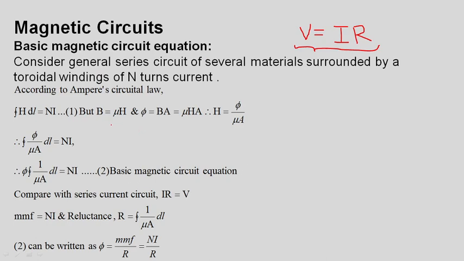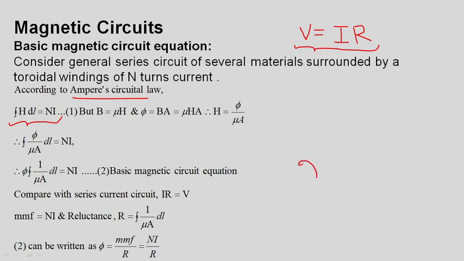Then to that we apply Ampere circuital law, and Ampere circuital law is this integral law. Actually, it is vector H dot vector dl equal to Ni. N is the total number of times the current is entering that Amperian loop.